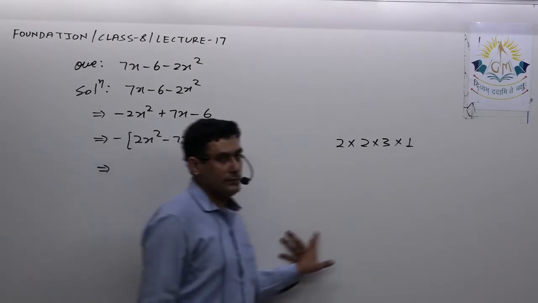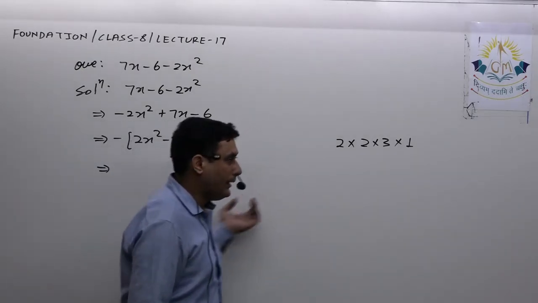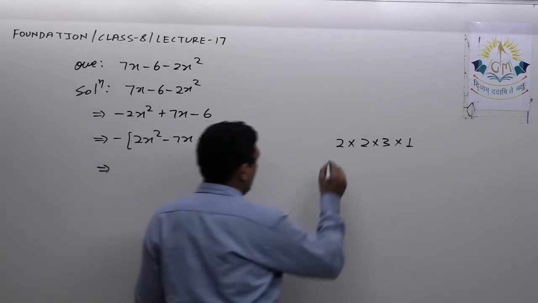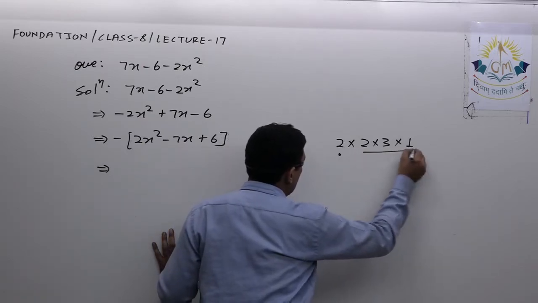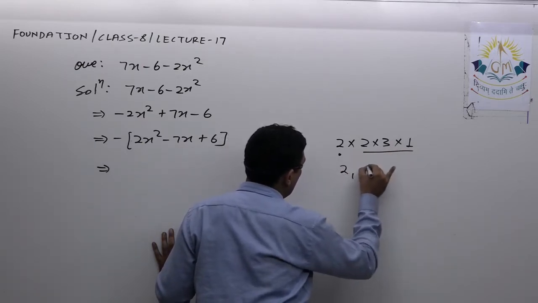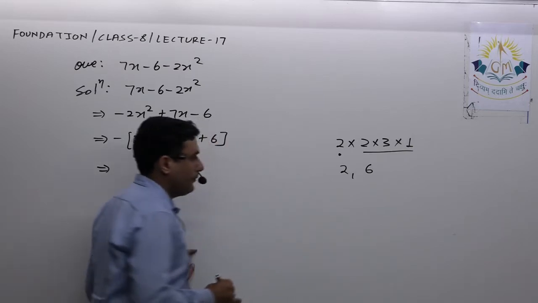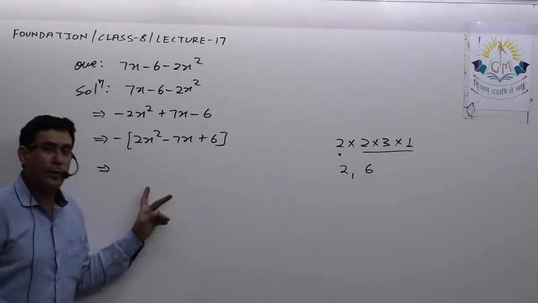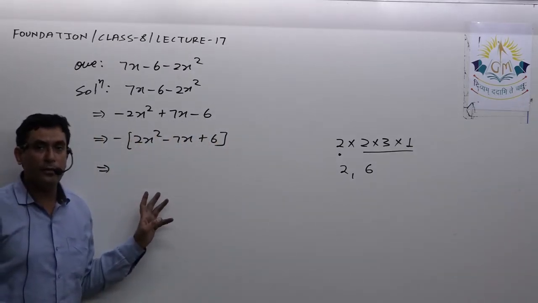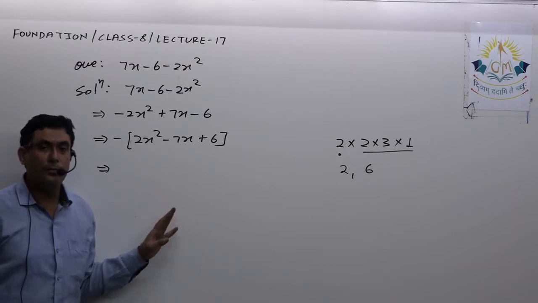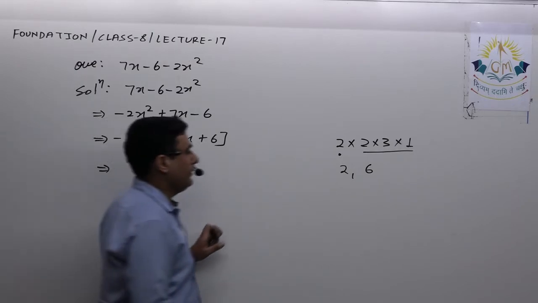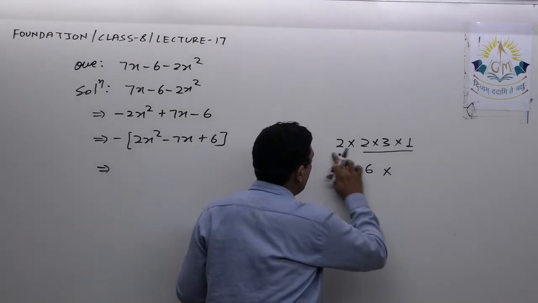Now using these factors I have to get minus 7. So if I take this and these three together, here I will get 2 and here I will get 6. And the combination of 2 and 6 is not going to give me 7, neither their sum nor their difference. So this is an incorrect combination.